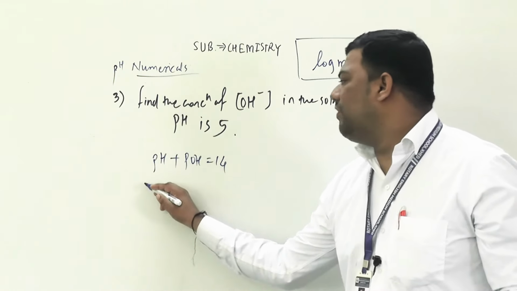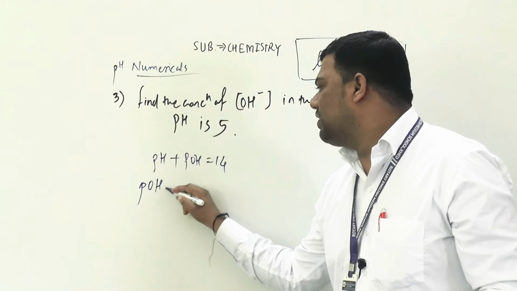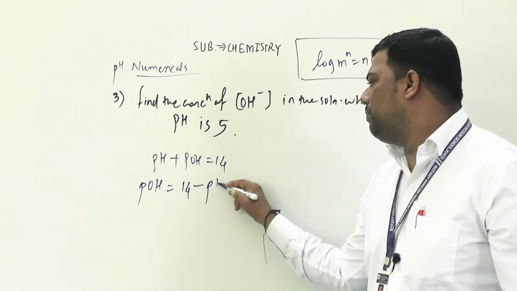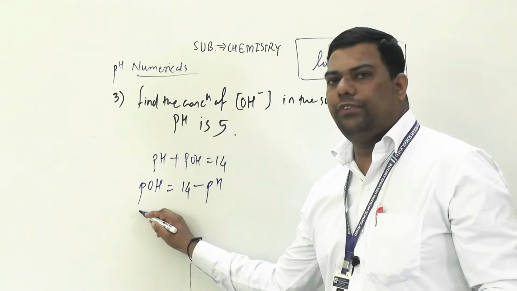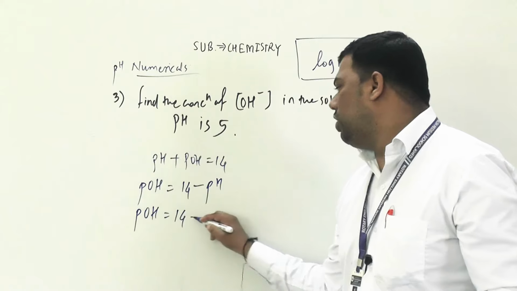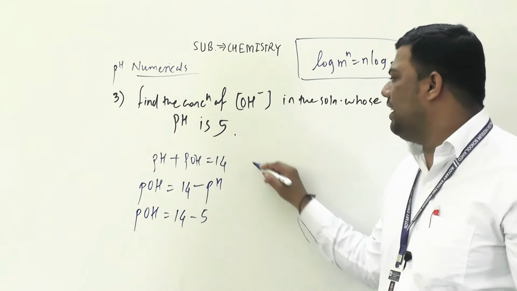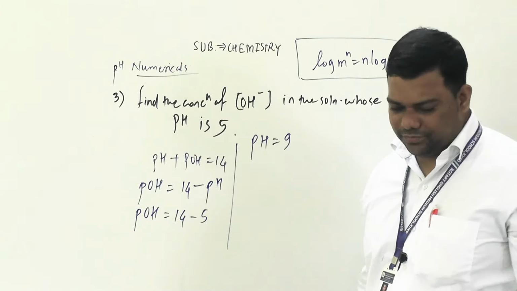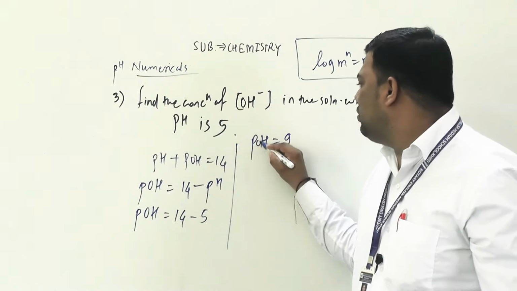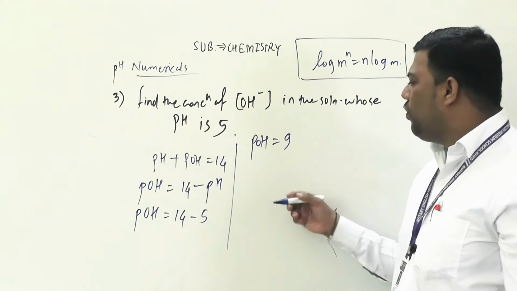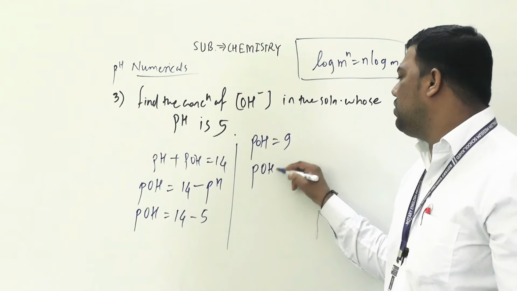So for that we need to calculate pOH. pH we know, so what will come? 14 minus pH. If you put in this value, pOH is 14 minus 5, how much? pOH is equal to 9. Understood?